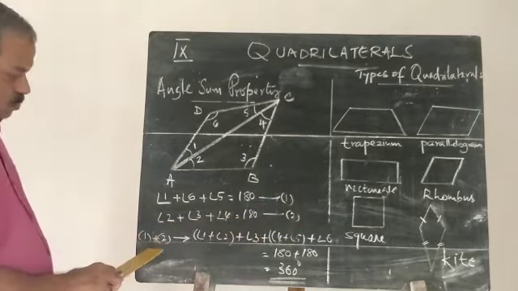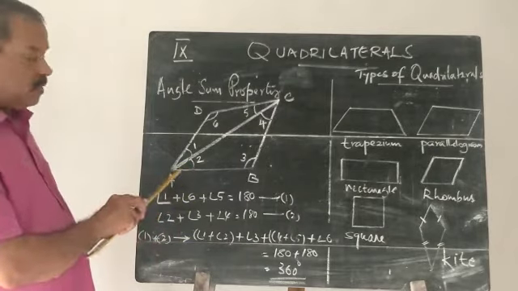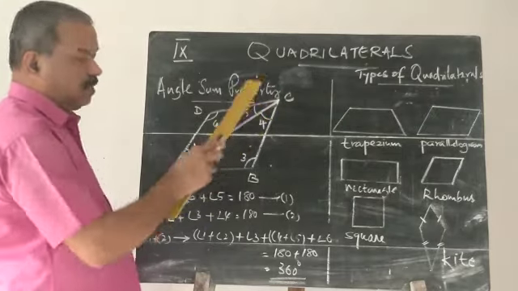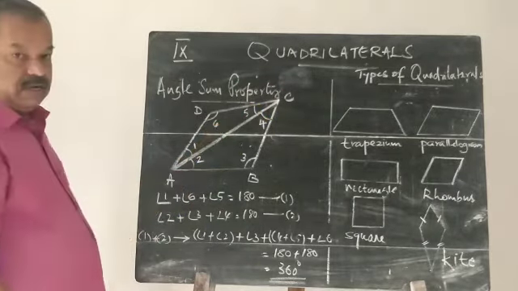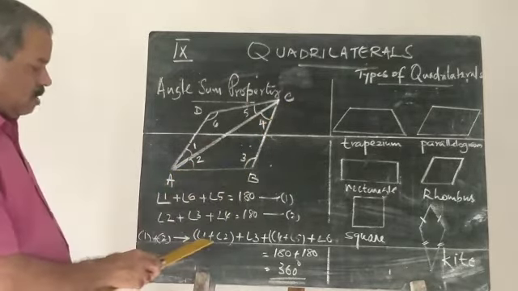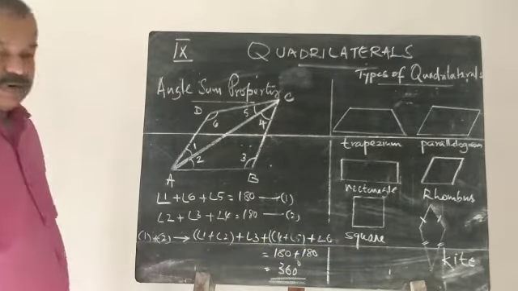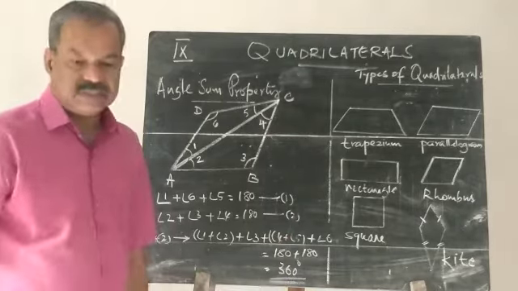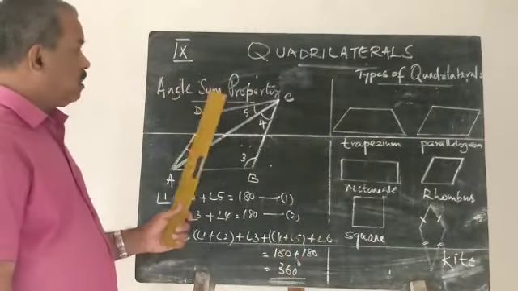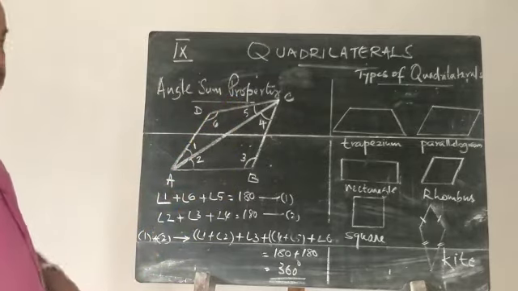Adding result 1 and result 2 gives angle 1 plus angle 2, that is angle A, angle 3, angle B, angle 4 plus angle 5, angle C, angle 6, angle D. That is angle A plus angle B plus angle C plus angle D equals 180 plus 180, 360. This is a very important result regarding a quadrilateral. Exactly like the angle sum property of the triangle, we have the angle sum property of a quadrilateral.